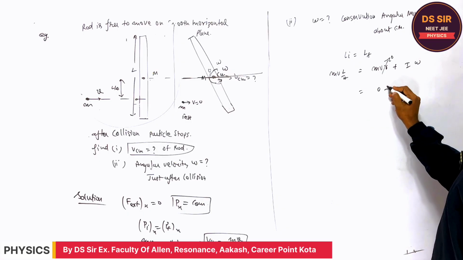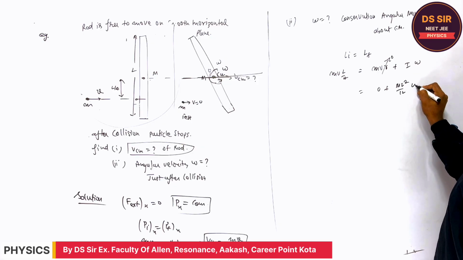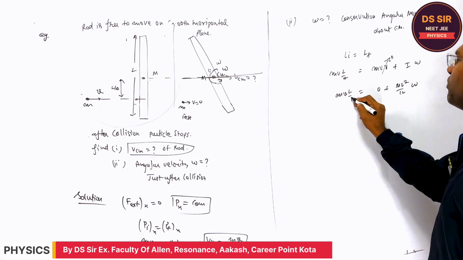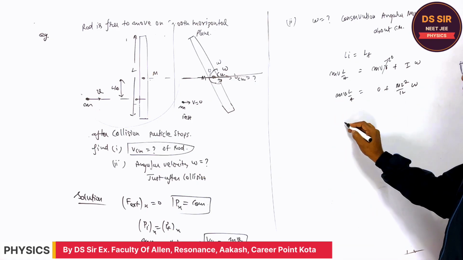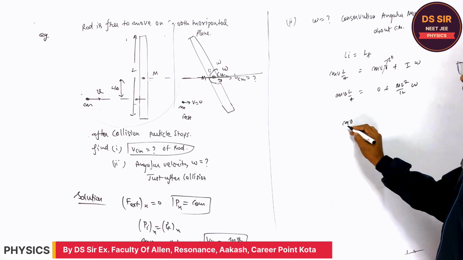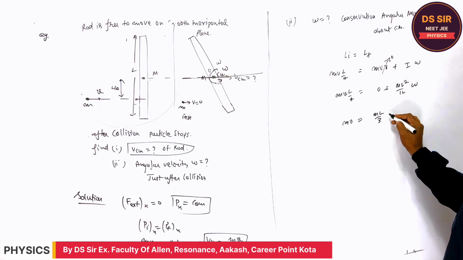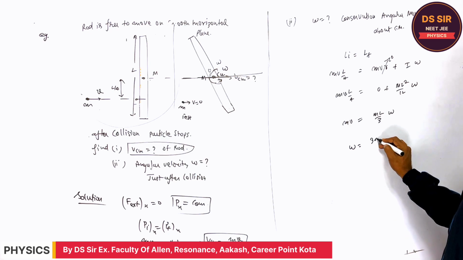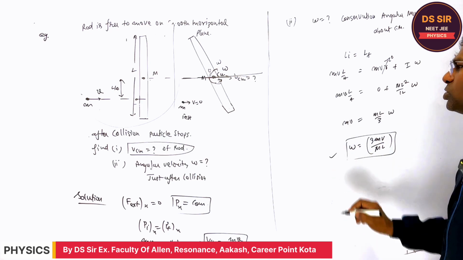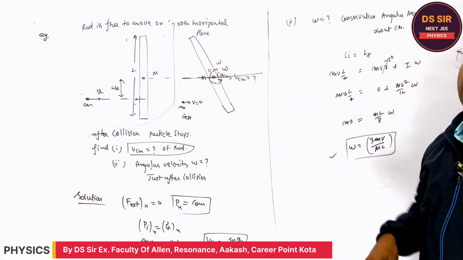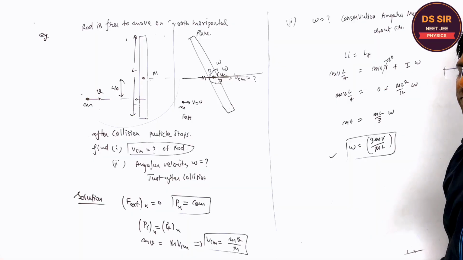What is I? I is the moment of inertia, Ml square by 12, into omega, and mvL by 4. So small m and capital M are different. mv, L by 4 equals ML square by 12 omega. L will cancel out. So omega is 3mv upon capital M into L. So this is the angular velocity of the rod, and this is the velocity of the center of mass after which it will rotate.